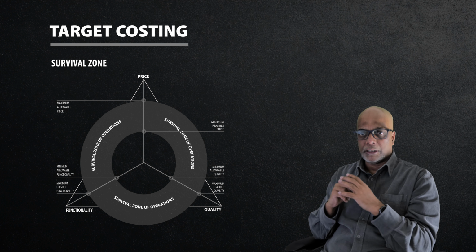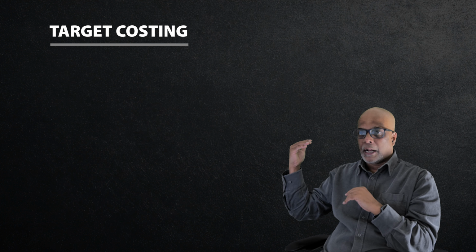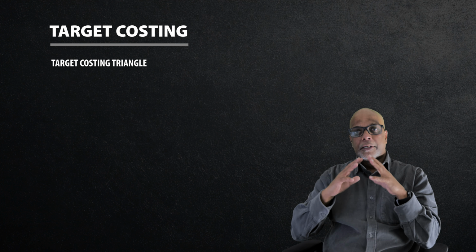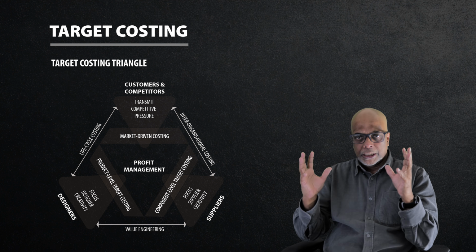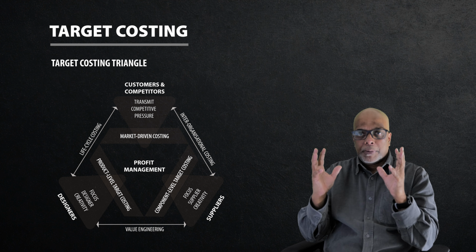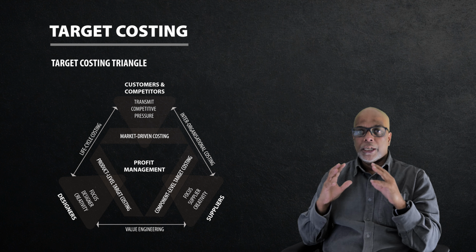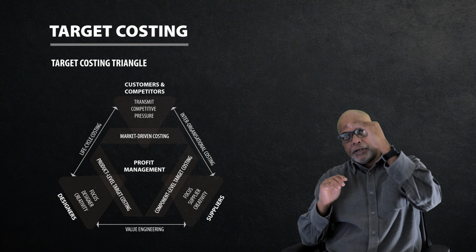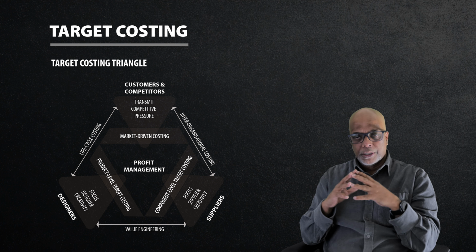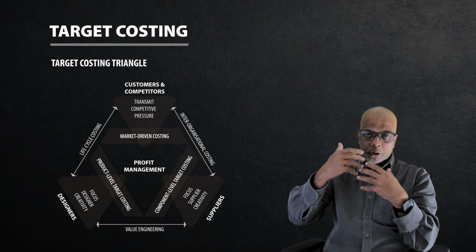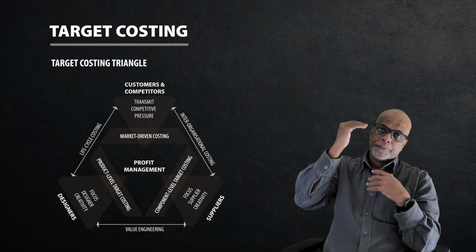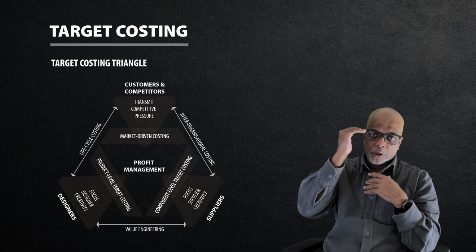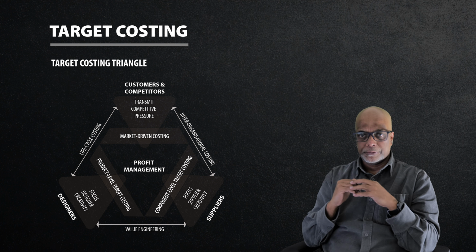So that's survival zone. And then when it comes to target costing triangle, it considers three key perspectives or dimensions according to which the target costing should be carried out. First one is the competitor driven target costing, where we will be considering through our costing exercises how we accommodate the competitive pressure and the market or the demand conditions.